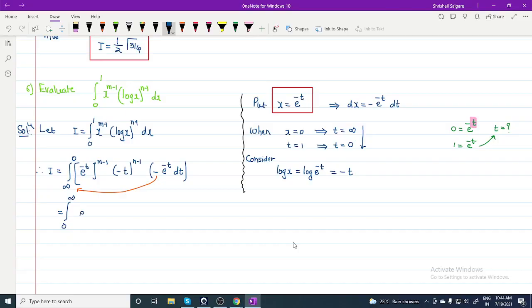After that, e to the power minus t m, minus t, verify whether I am writing correctly or not, minus t m, into minus 1 raised to n minus 1 into t raised to n minus 1. This negative sign I have used to change the limits of the integral. So the remaining is e to the power minus t dt. Further, verify the calculation part again.